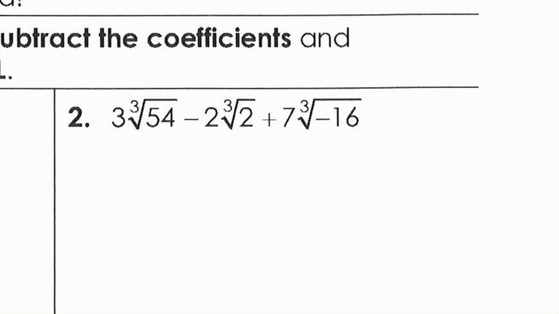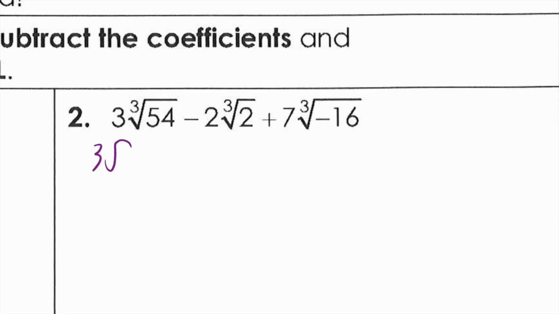Number 2, we'll just do the same thing with 3 different cube roots. So the fact that this is a cube root of 2 here in the middle is a hint that if we're going to be able to combine anything with that, they would have to simplify to 2 times something else. And so 2 times 27, for example, 27 is a perfect cube.